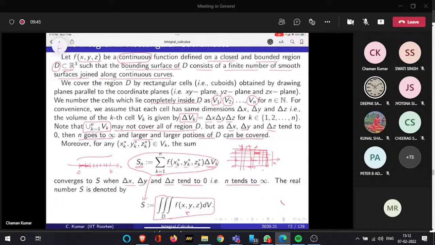So this is more or less a very simple extension of the double integral to the triple integral in rectangular coordinates. And in the same way, you can extend the notion of the double or triple integral to the n-dimensional Euclidean space. So this is the basic intuition behind the construction of the triple integral.